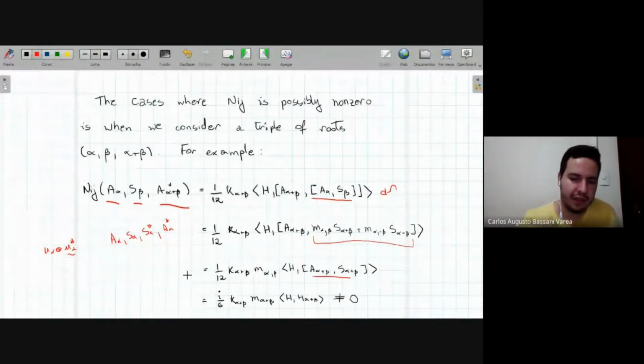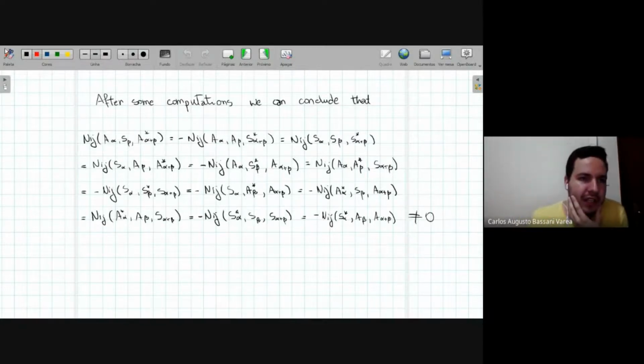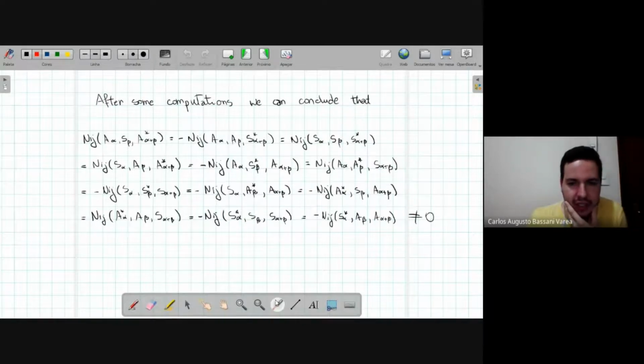After all these computations, we obtain that the only cases where the Nijenhuis operator is non-zero are these 12 here. If you pay attention, we always have 2 A's and 1 S, or 3 S elements.